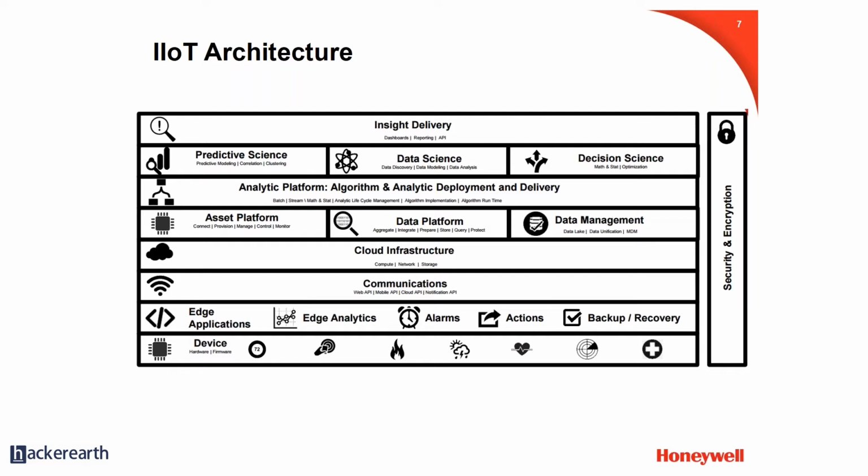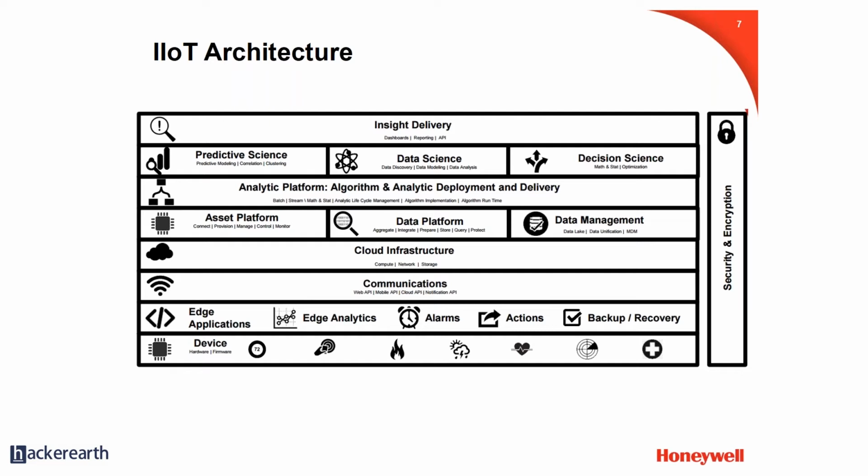So when you talk about the architecture, it's again whatever I've explained, at a little more level of detail. You talk about the devices, and when you talk about edge applications, you have the devices, which are various sensors, actuators, and all that, which are connected to the physical world.